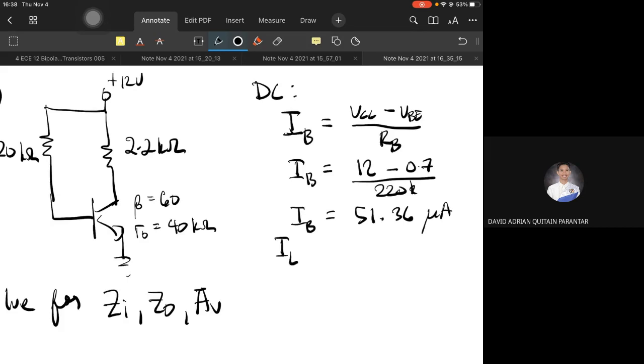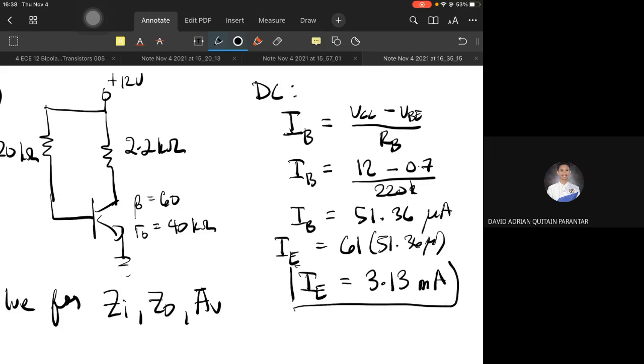Therefore, IE is equal to beta plus 1 or 61 times 51.36 micro. IE is equal to 3.13 milliamperes. Same tag answer, guys?